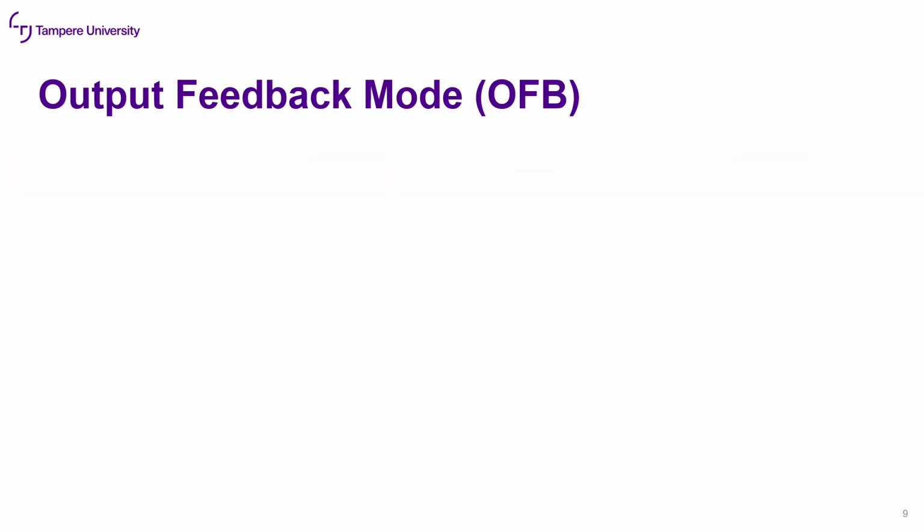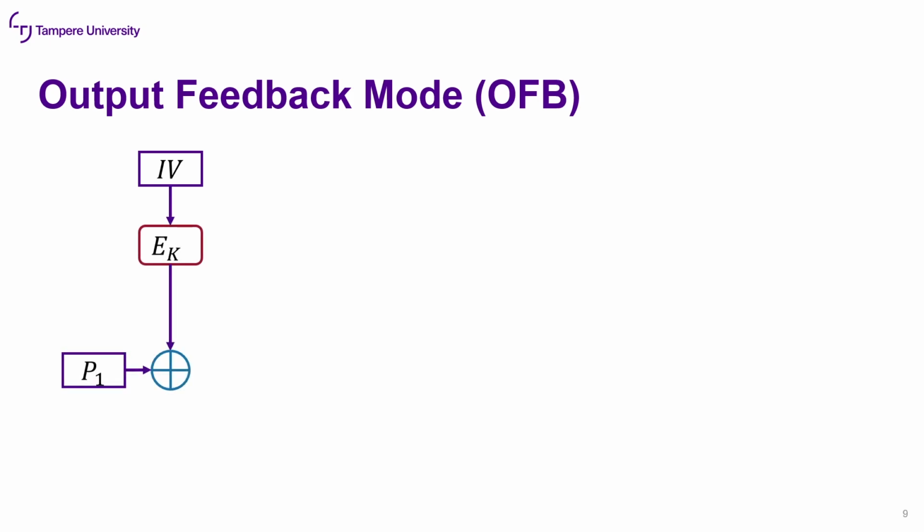In output feedback mode, we also start with the initialization vector, but we forego all the counters and XORing, and we directly encrypt the initialization vector. Then this output is used to XOR the plaintext block to produce our first ciphertext block.